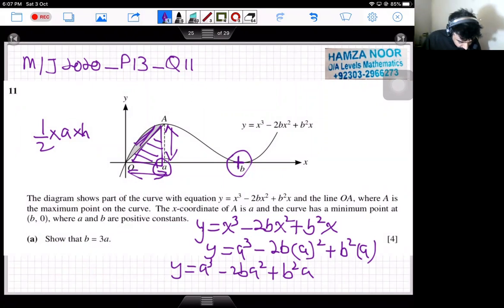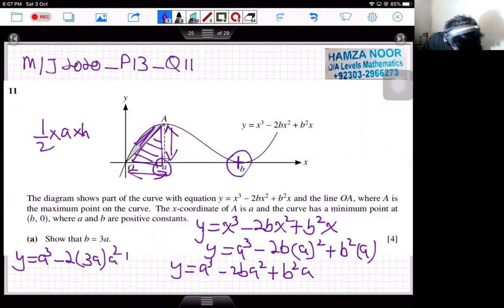Is it understandable? So simply put y is equal to a cube minus 2 into b, which is basically 3a, into a square plus b is equal to 3a, so 3a squared into a. Okay, so y is equal to a cube minus 2 threes are 6, and 6a square multiplied by a, 6a cube plus 9a cube.